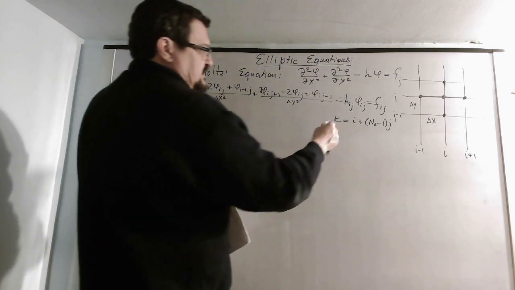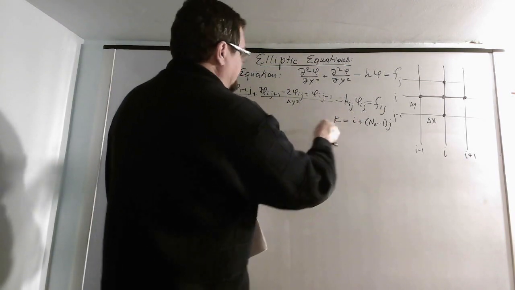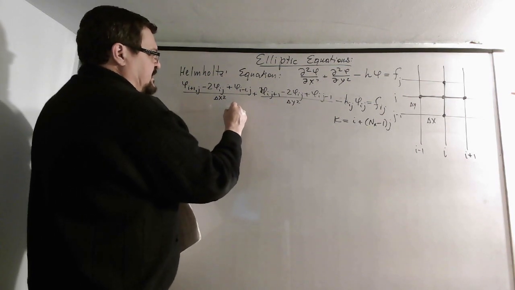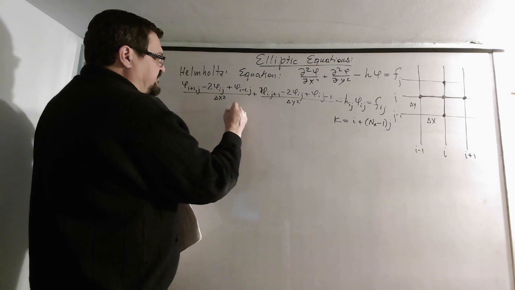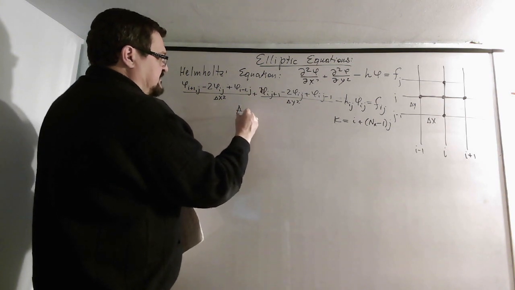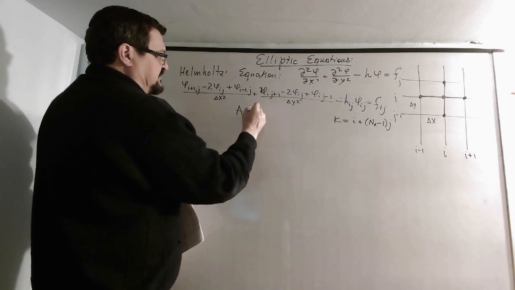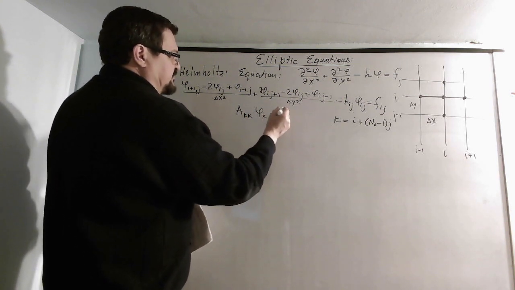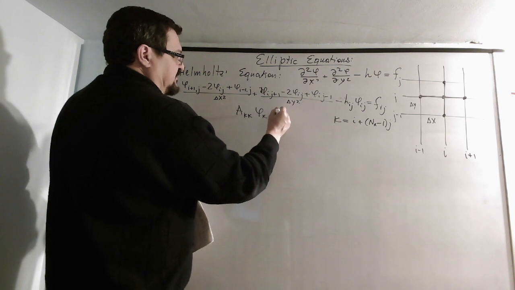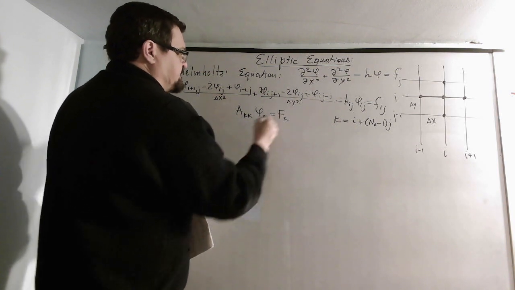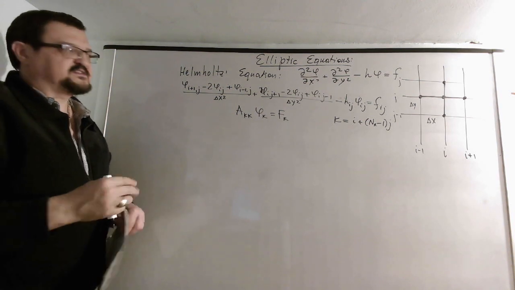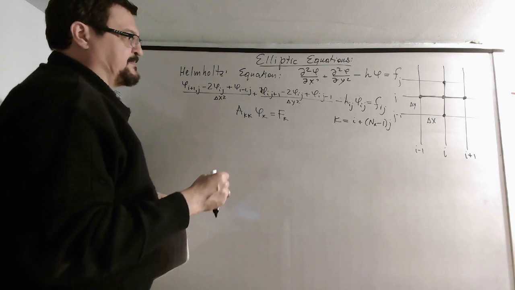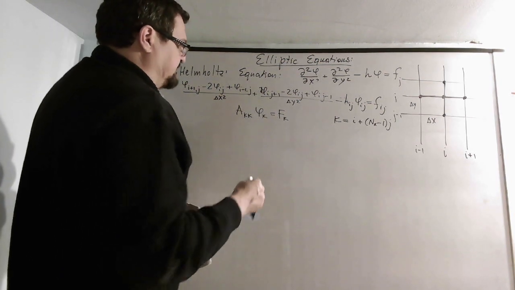So if you use this, you can write the basic equation as some matrix A k k times phi k equals some right hand side f k. So it's a system of linear equations, or a matrix with a rank of nx times ny.